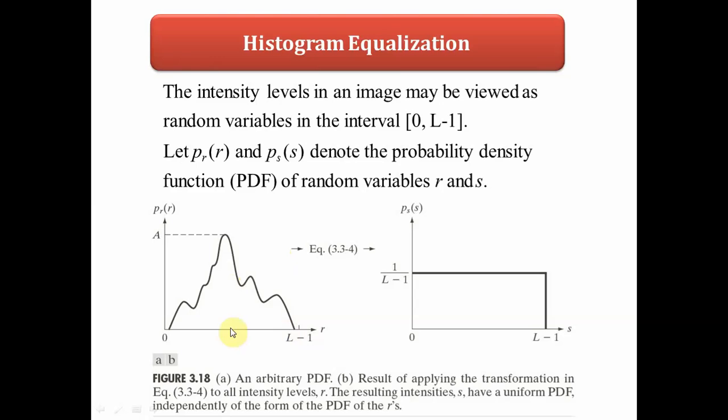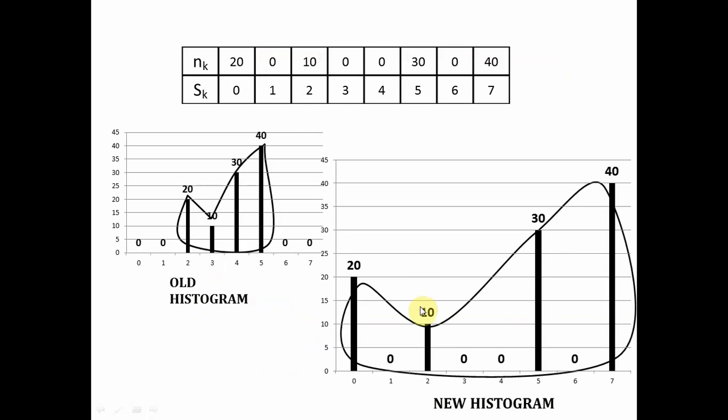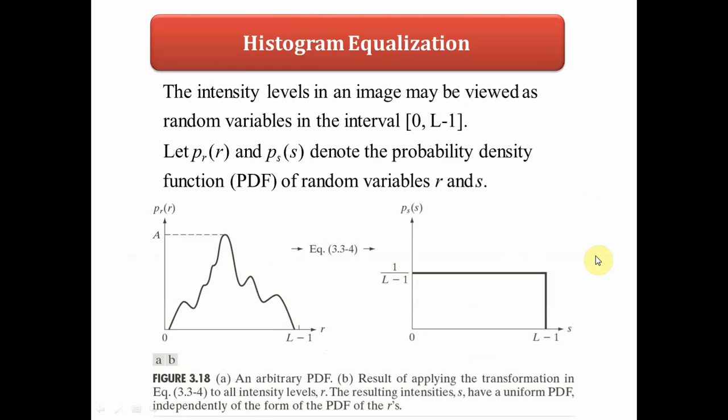Now you're considering an image with an arbitrary PDF, that is this. The actual histogram you will find like this, it does not have a uniform shape. It is increasing, decreasing, increasing, decreasing.